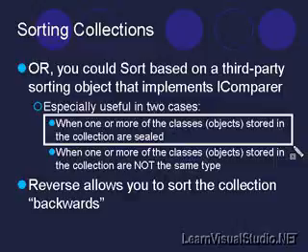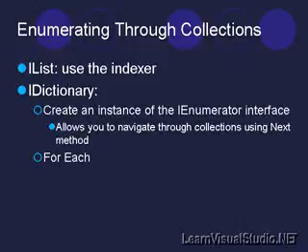It also has a benefit whenever you have a third-party component, one that you've purchased, but the vendor has sealed the classes, which means you can't derive from them or add any additional information that would allow you to implement the IComparable interface. In that case, you need a third-party sorting object that knows how to take in objects of different types and evaluate them based on some criteria.